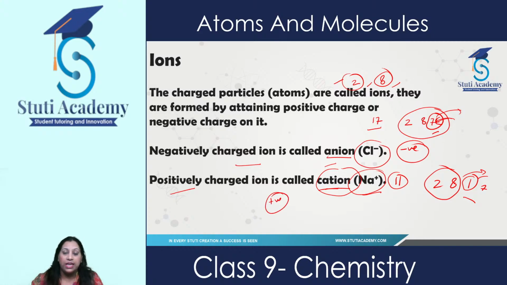As you can see, if an element gains electrons, it has a negative charge and we call them anions. And if an element loses electrons, it attains a positive charge and we call them cations. I hope this concept is clear to you, how these charged particles, or ions, are formed: by gaining or losing electrons.